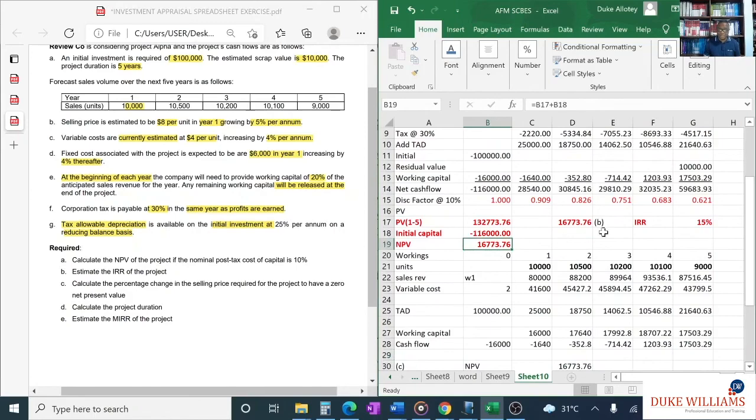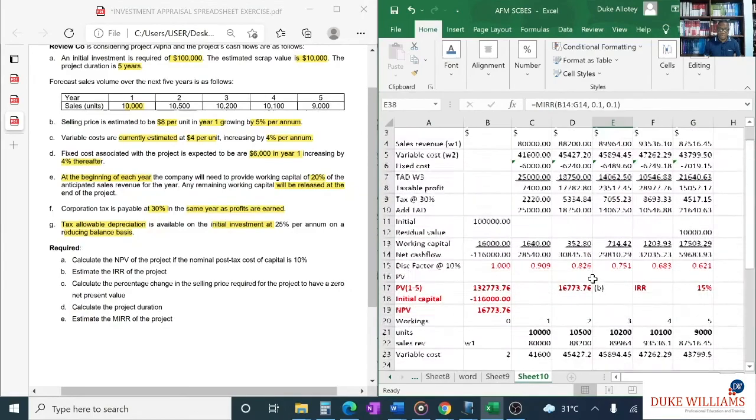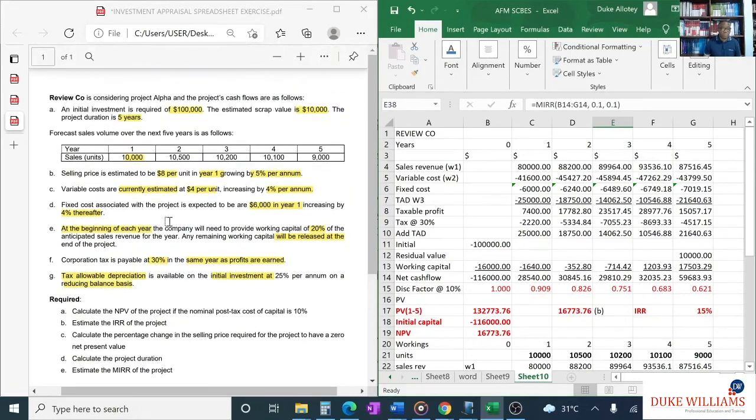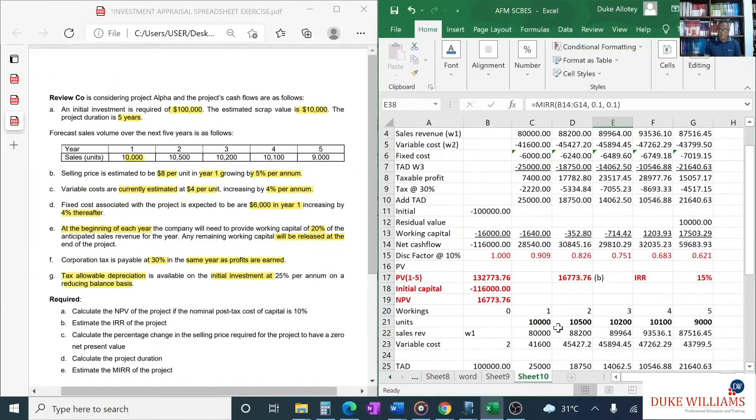The NPV of that, IRR of this, duration of that, modified internal rate of return of that, and that's it. Nothing to worry about. So help yourself. Go through some of these things, and the speed and stuff like that will come in later.